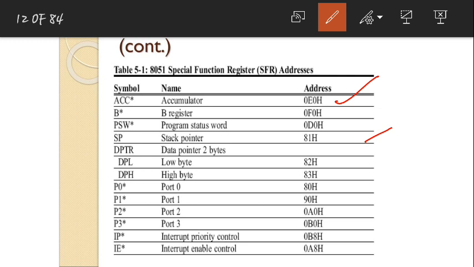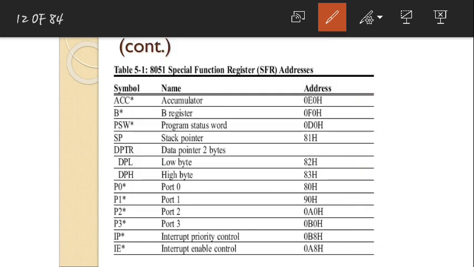DPTR generally has 8 bits and 8 bits, low byte and high byte: 82 is low, 83 is high byte. Next P0 80, P1 90, P2 A0, P3 B0. Next IP, that is interrupt priority, is B8, and IE, interrupt enable, is A8.